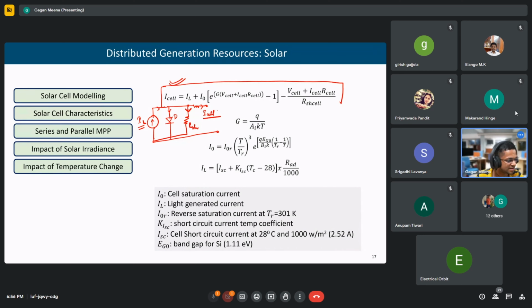Anyone of you? This should be negative because this current is being generated. Some current goes through this, some goes through this, and the rest is available here. This should be negative.